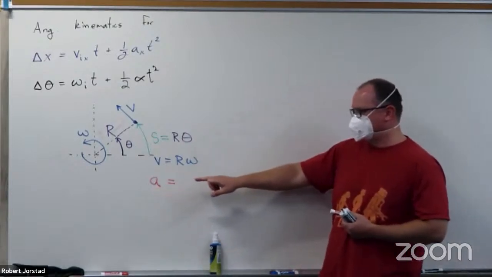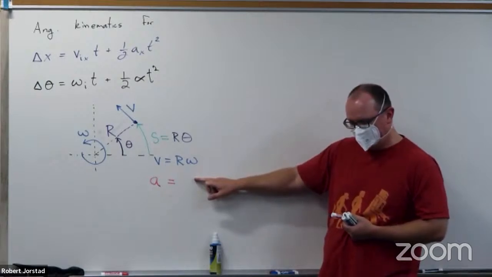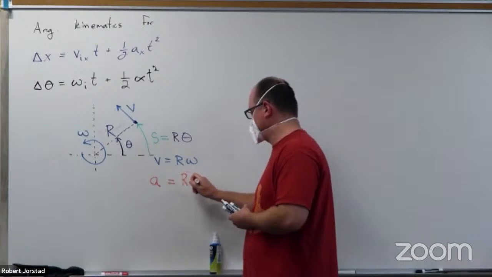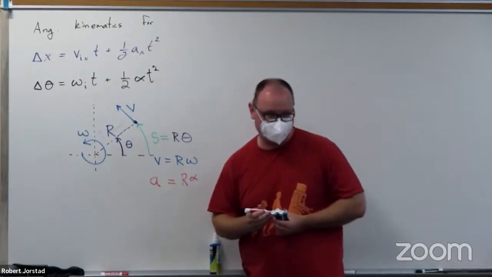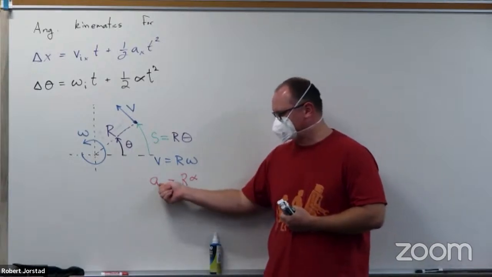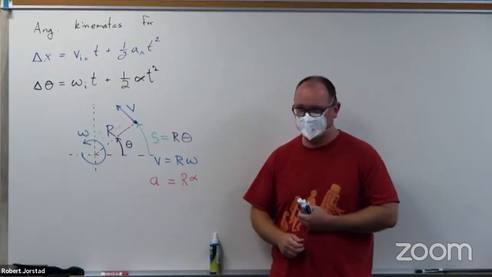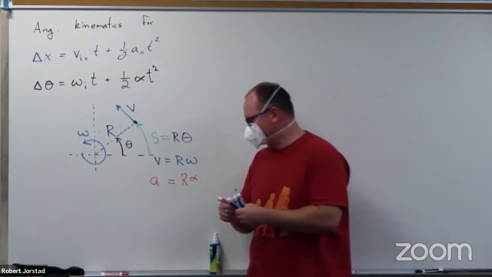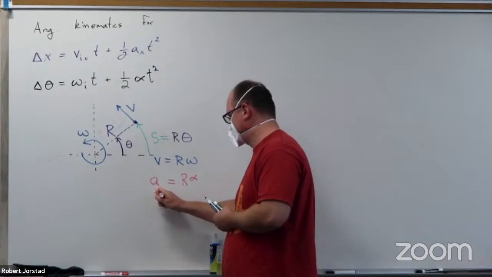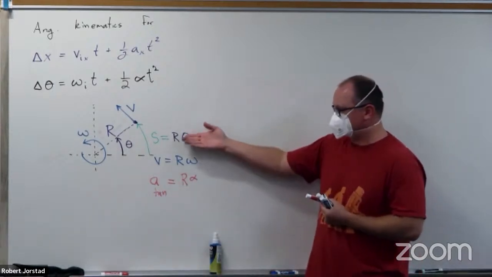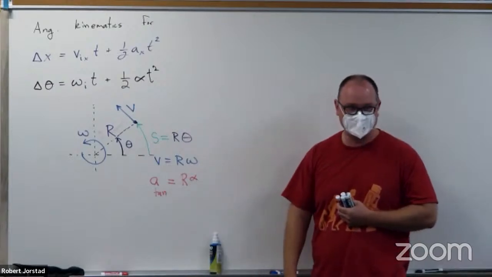Acceleration probably relates to the alpha. And now we have to be careful. Is this a centripetal or is this a tangential? A tangential. So a tangential relates to R alpha. Basically, you just take a derivative to go down here. Cool?